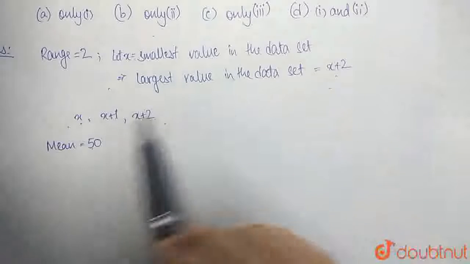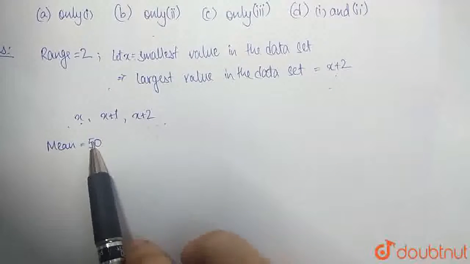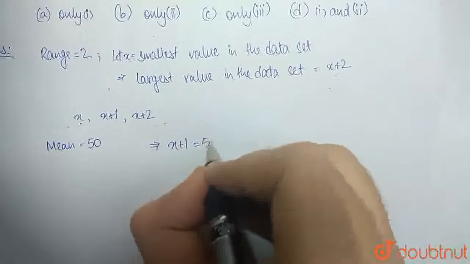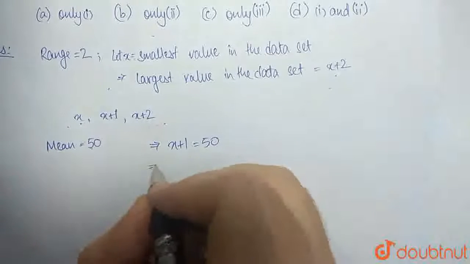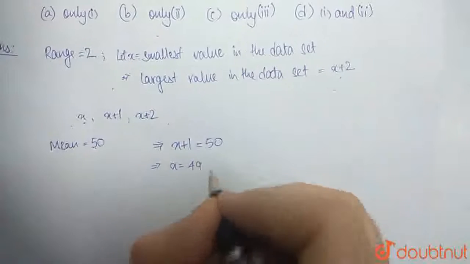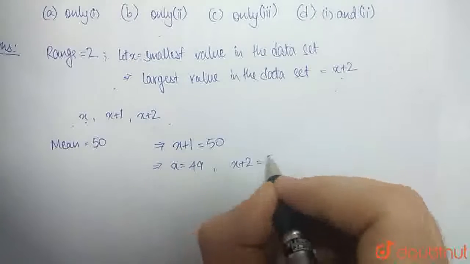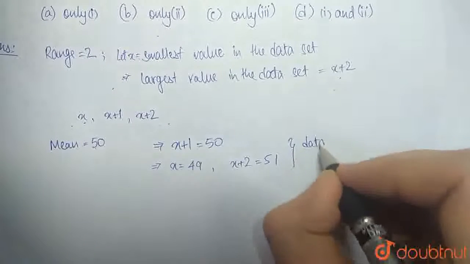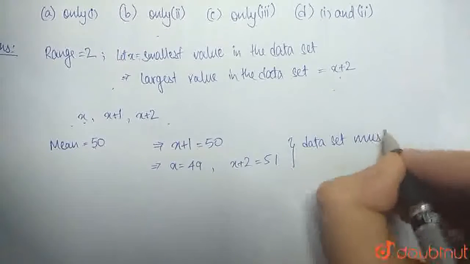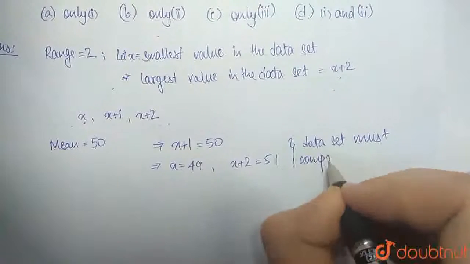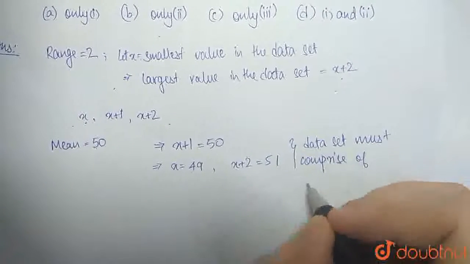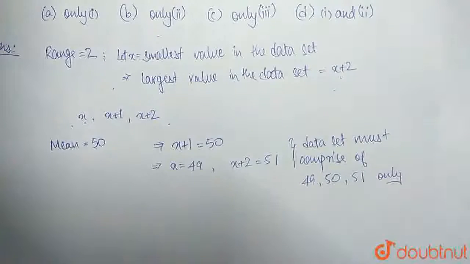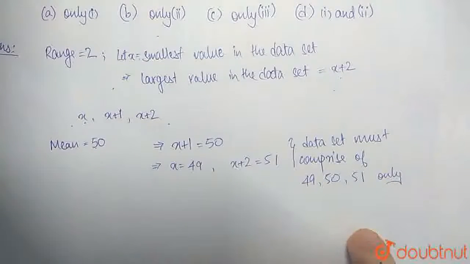So from that we can deduce that x plus 1 must be 50. x plus 1 equals 50, which means x equals 49 and x plus 2 equals 51, which means the dataset must comprise of 49, 50 and 51 only, right? It can't have any other integer in it.